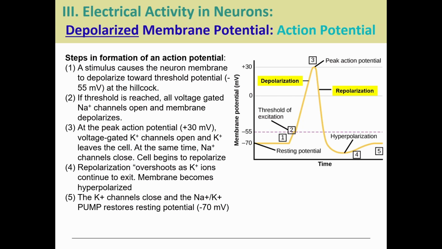So if we think about it from the start, sodium is outside, potassium is inside. We reach the threshold. We allow sodium in. Now we have sodium and potassium inside. We're positively charged. From there, we need to go back to negative, and in this case, we open potassium channels.